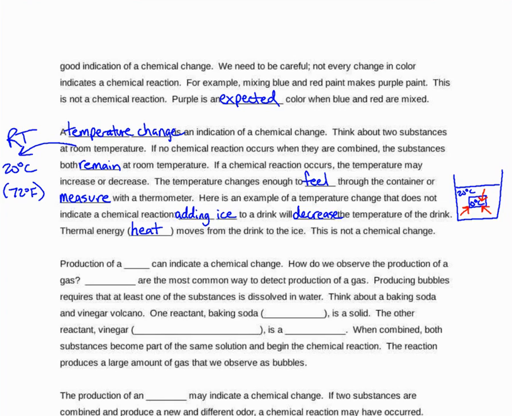Next up, production of a gas. Production of a gas can indicate a chemical change. How do we observe production of a gas? Generally, we're looking for bubbles.